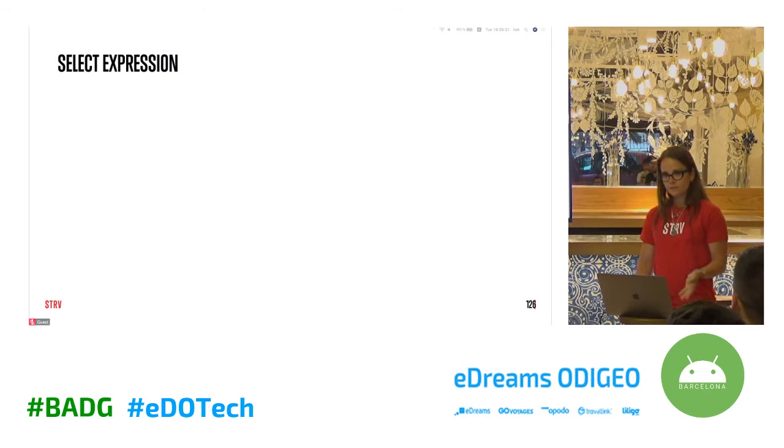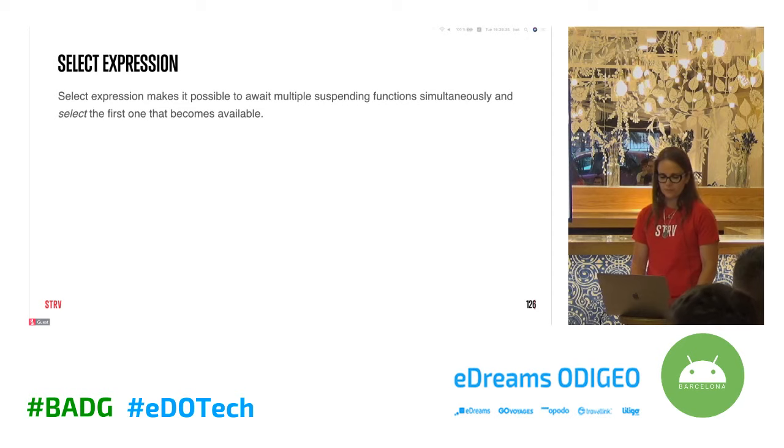Our last experimental declaration for today, select expression, makes it possible to await multiple suspending functions simultaneously and select the first one that becomes available. It works like a when statement, but for channels or different objects. From a bunch of channels or different objects, it selects the first one that is ready.